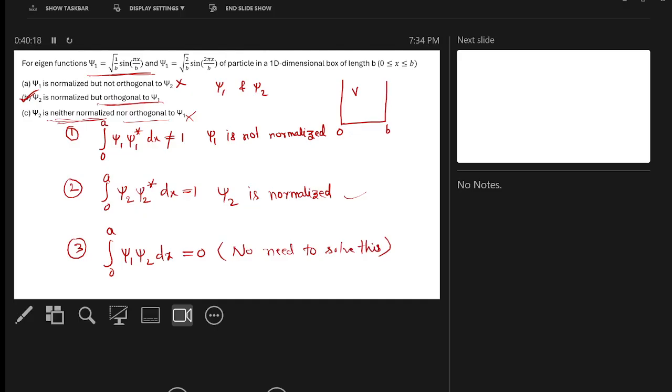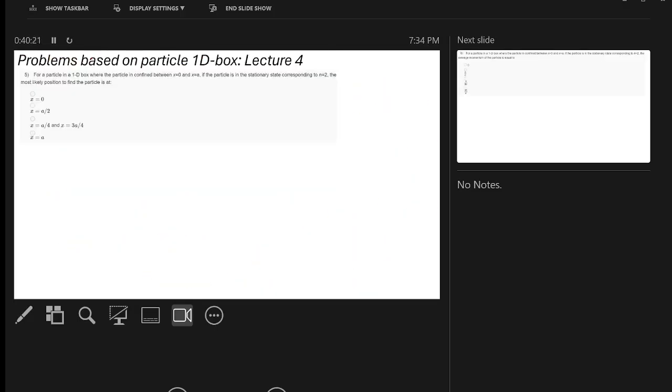Now coming to next problem, a problem based on particle in 1D box. So for a particle in a one-dimensional box where the particle is confined between x equal to 0 and x equal to a, if the particle is in a stationary state, a stationary state means the probability of finding the particle in that state is not changing with time.